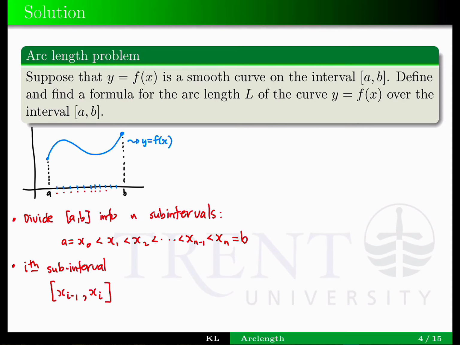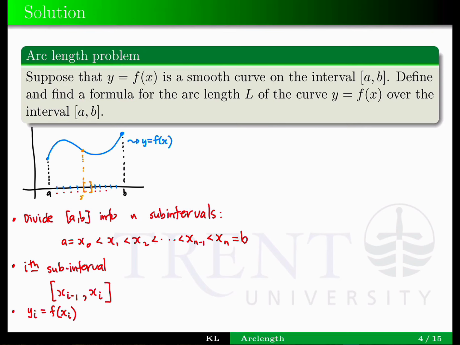Okay, so in here, we will define y sub i to be f of x sub i. If we have this subinterval right here, the left endpoint will correspond to a point that is in here.